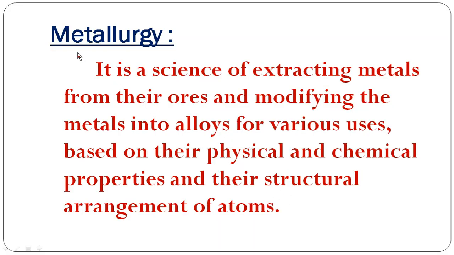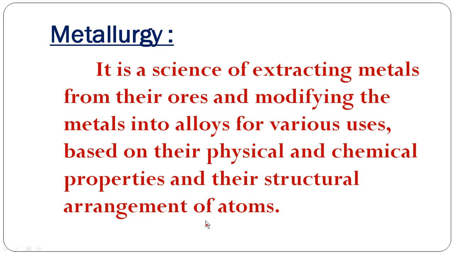Come to the next topic, metallurgy. Metallurgy is the science of extracting metals from their ores and modifying the metals into alloys for various uses, based on their physical and chemical properties and their structural arrangement of atoms.